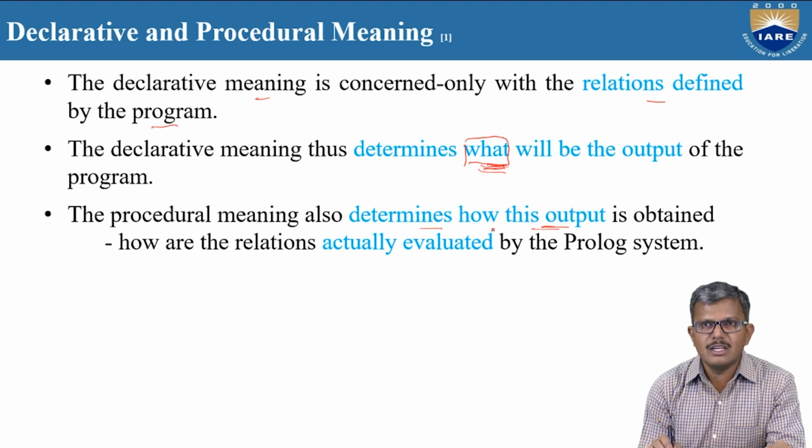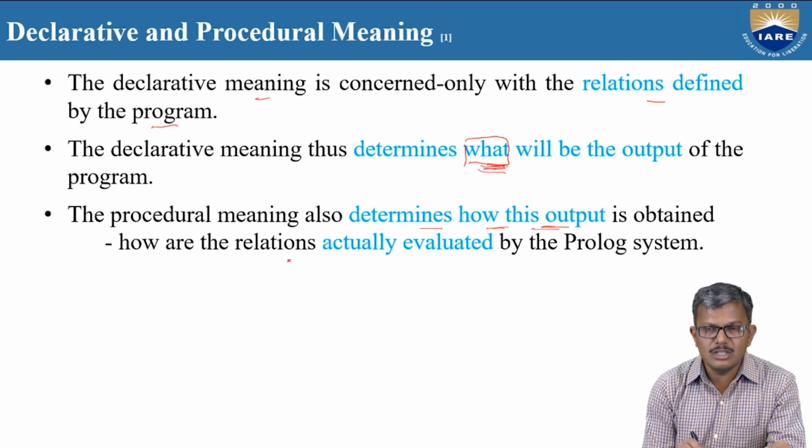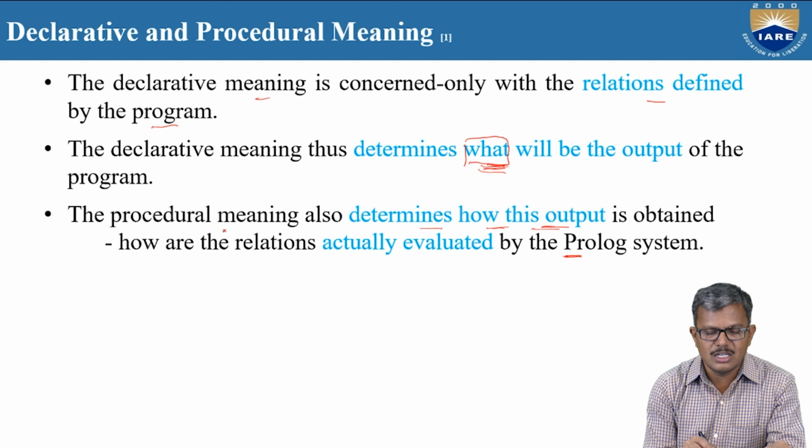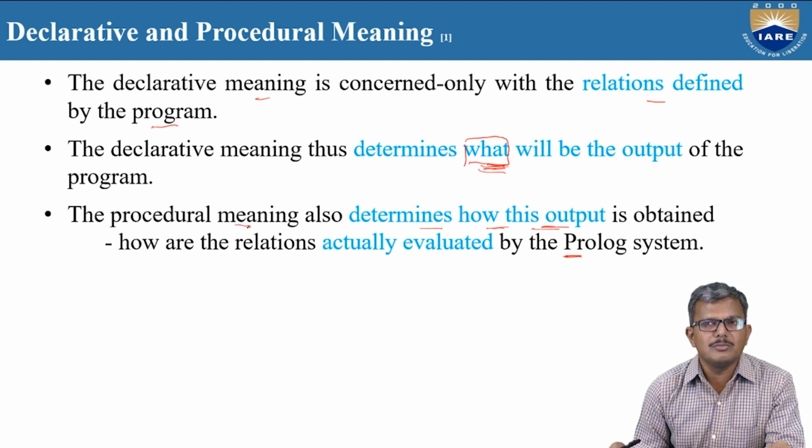So declarative is going to talk about what will be the output of the program, and procedural meaning is going to talk about how this output has been obtained. How are the relations actually evaluated by the Prolog system? This is understood by understanding the procedural meaning.